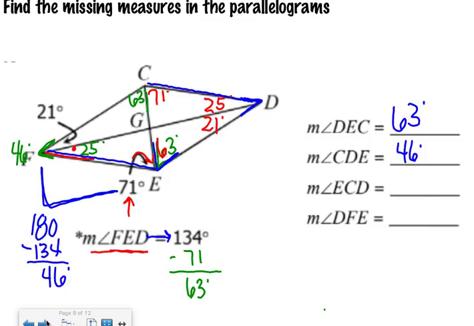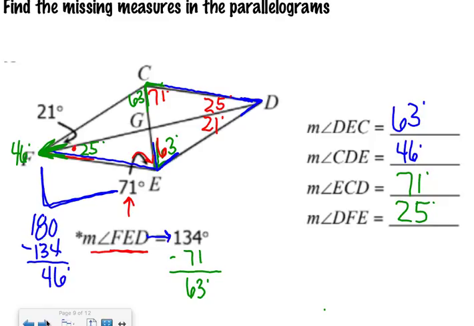ECD, just this little guy right there, 71. And then DFE. DFE, where is F? Oh, I'm blocking. Okay, DFE is this little guy right here. So 25. Good work, team.